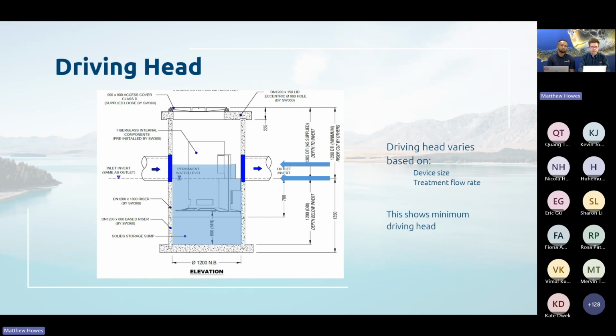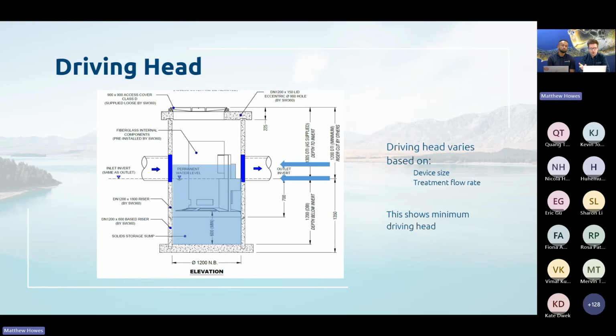So with the cascade separator, the driving head will vary based on the device size, the treatment flow rate, and even the pipe diameter, both in and out. It's much like sizing a weir in and of itself, as the head losses across a weir will vary based on the flow and the geometry of that weir.